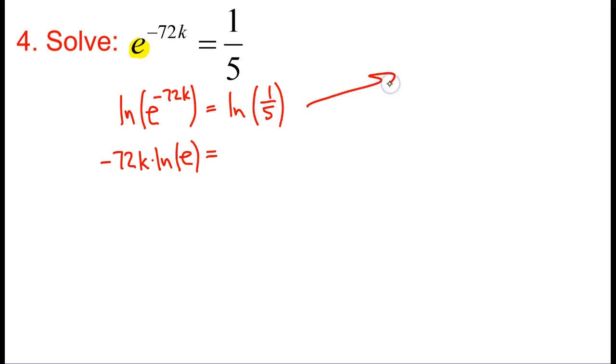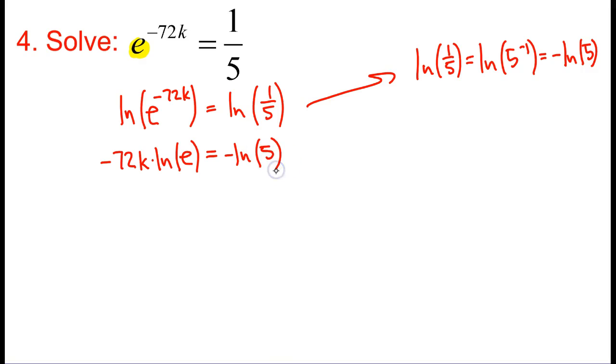The ln of 1/5 is the same as the natural log of 5 to the negative 1 power. So I can rewrite that as negative ln of 5. And if you don't believe me, go ahead and test that out on your calculator.